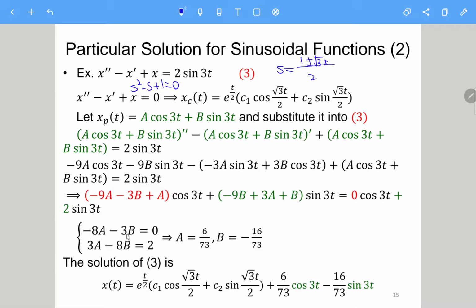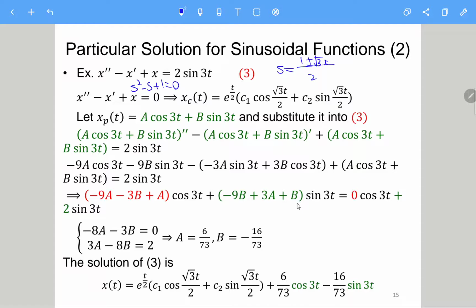So we have these two formulas with two unknowns, so we can solve for a and b. And in that case, the particular solution will be 6 over 73 cosine of 3t plus minus 16 over 73 sine of 3t. This is the particular solution, and then plus the complementary solution to be the complete solution.